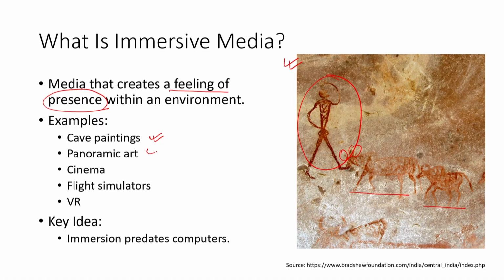So, in a sense, you are transported to another age, another day, another time, another space, and you suddenly may find yourself located in that space with those humans who lived long ago. Likewise, we can talk about panoramic art, cinema, flight simulators, and of course, modern day virtual reality as experienced through headsets such as this.